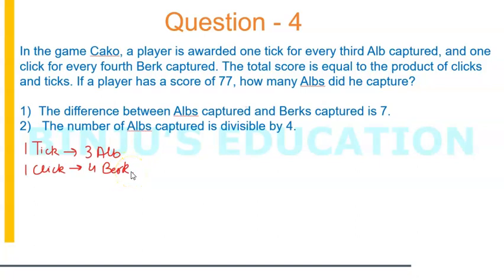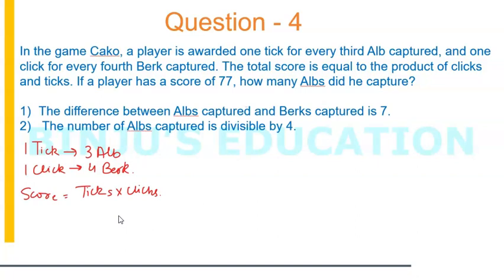Okay, you get a tick for every third alp that you capture, you get a click for every fourth book that you capture. The total score is equal to the product of clicks and ticks. Okay, so our score is basically ticks and clicks. Okay, if a player has a score of 77, how many alps did he capture?